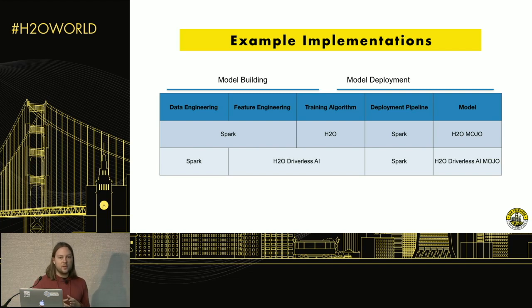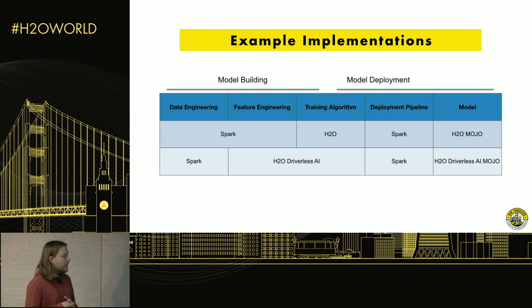You probably heard something about H2O Mojos already, so just a quick recap. H2O Mojos are a way we store information about the model. It's a structure which contains metadata about the model, and we provide several wrappers for Python and Java which can read that Mojo and run, let's say, a predict method using the information about the model.